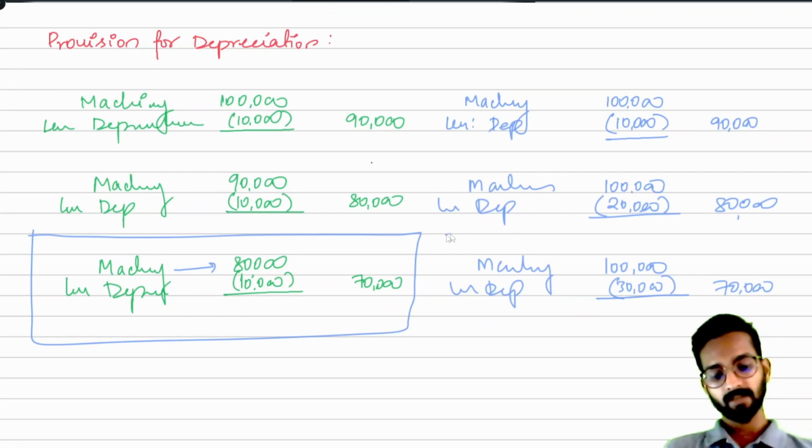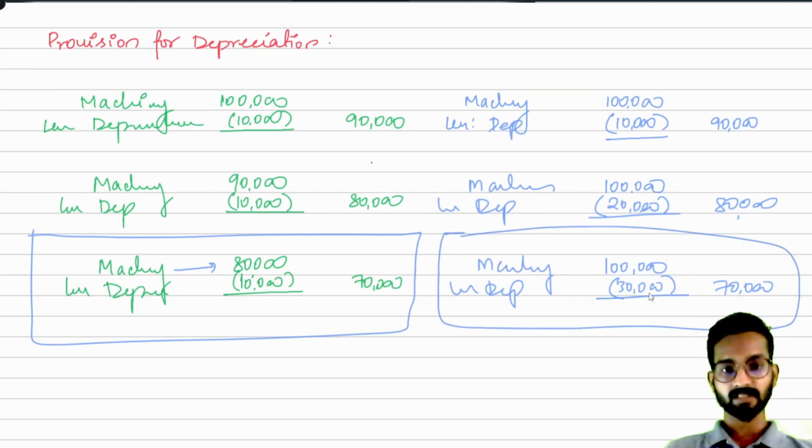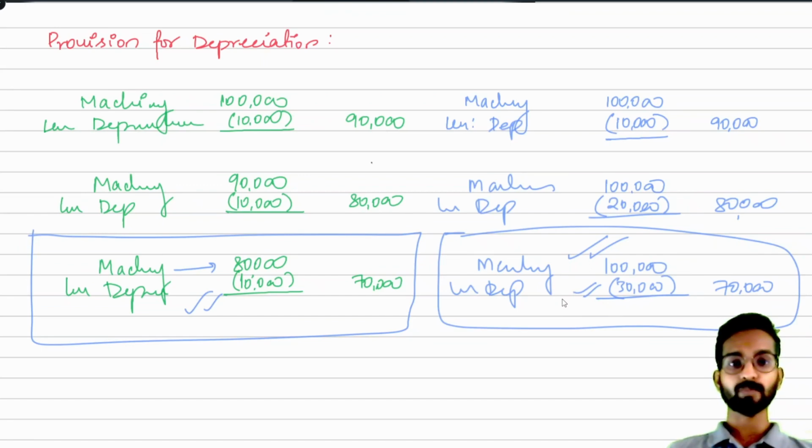But now if I give you this picture, that machine was 1 lakh and depreciation is 30,000, so you will understand, oh, the original cost of machine was 1 lakh rupees and depreciation is 30,000. It means the machinery is 3 years old. By looking here, you will understand that machinery is only 1 year old, but here you will understand the machinery is 3 years old. So you will understand that okay, might be in future we have to purchase new machinery also.